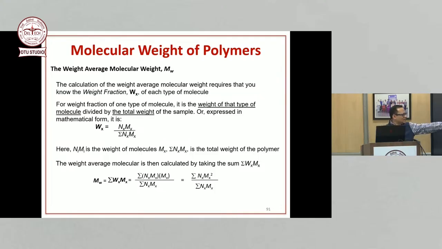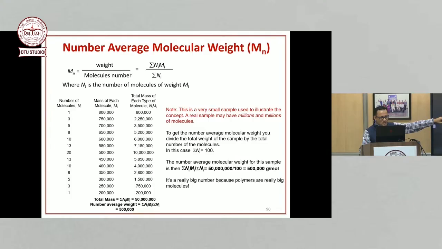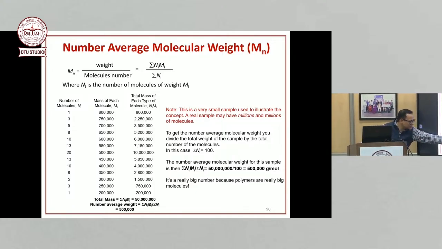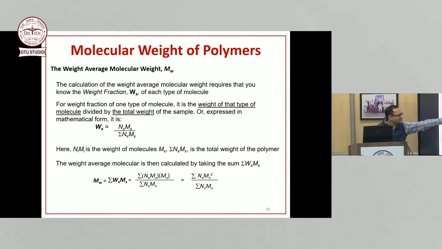Let's remember this: Wx is NxMx divided by summation NxMx, right? If you put another column here with Wi, we wrote X instead of I, but it's NiMi divided by summation of NiMi. So 800,000 divided by 50 million, 2.2 million divided by 50 million, that is basically this.